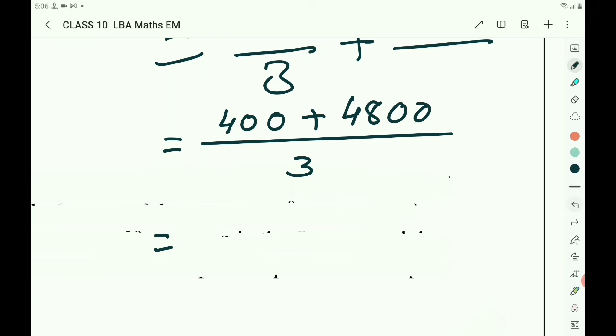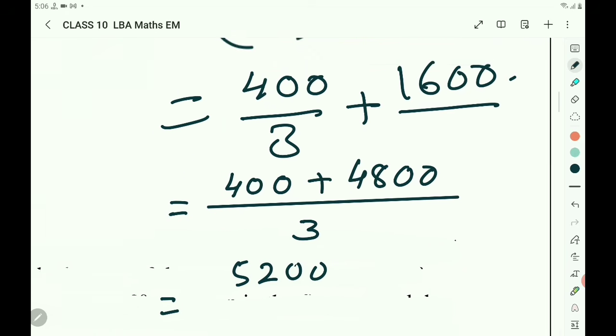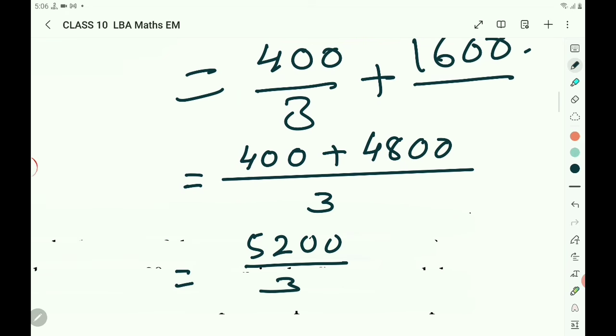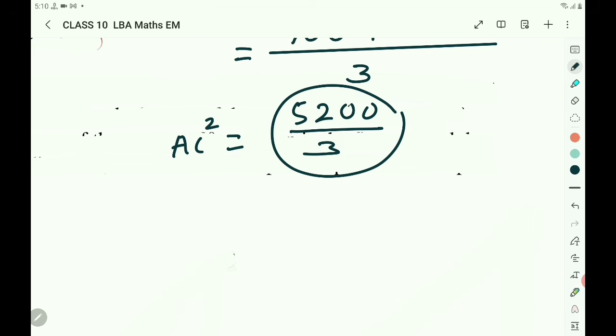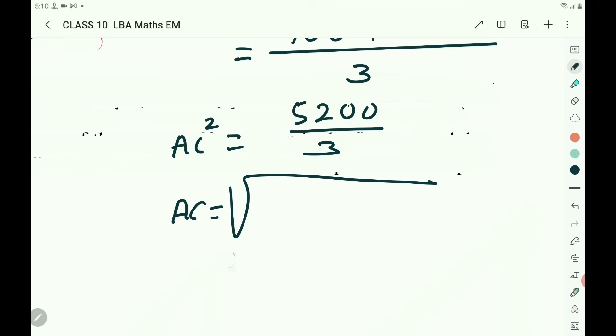Then you write 5200 by 3. You got AC square equals 5200 by 3. Then AC is equals to whole root 5200 by 3.